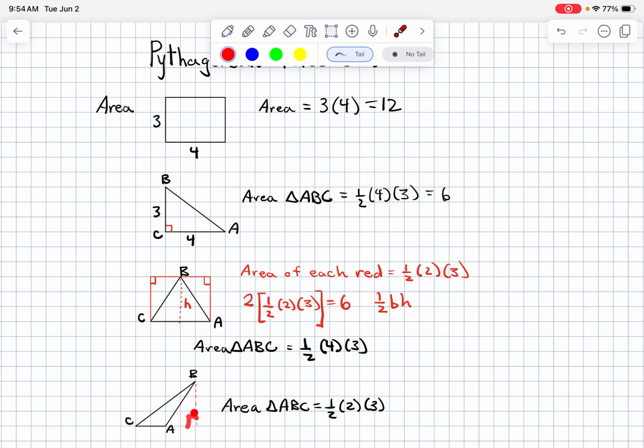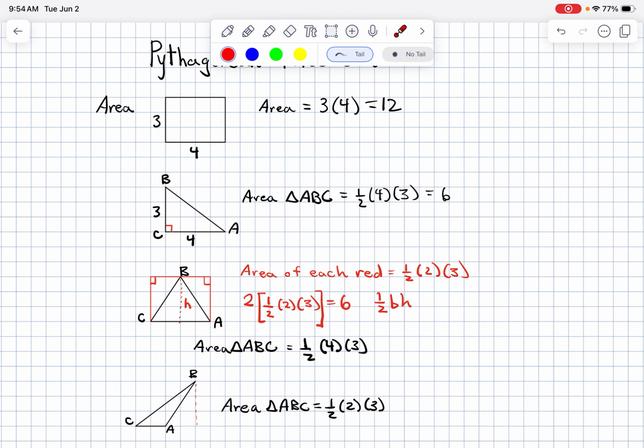Well, this height is perpendicular to the base, although it's not part of the base down here, but you would still calculate the area this way. You'd take 1/2 the base, which is 2, times the height, which is 1, 2, 3. So 1/2 base times height, which would give you 3.